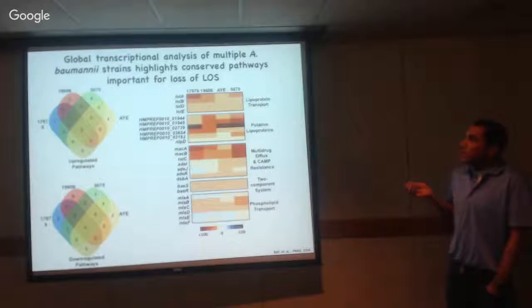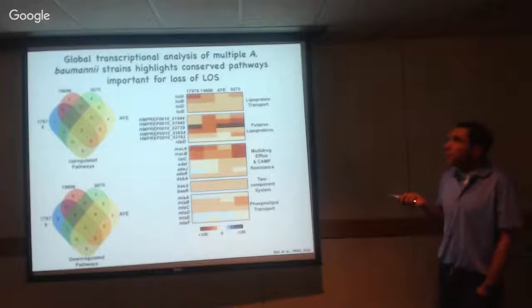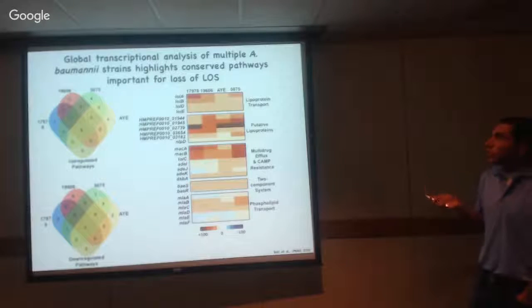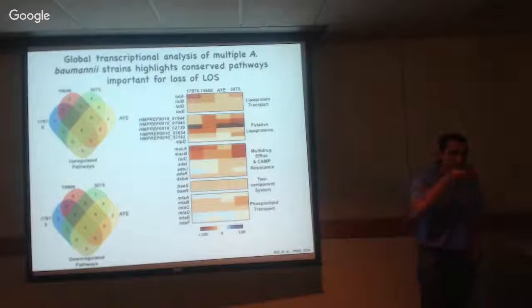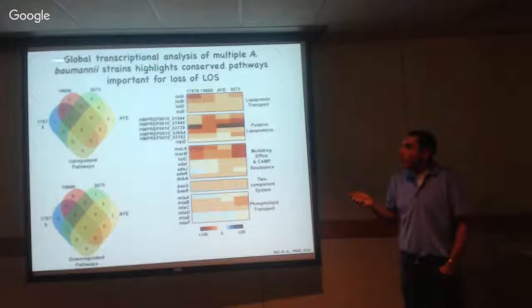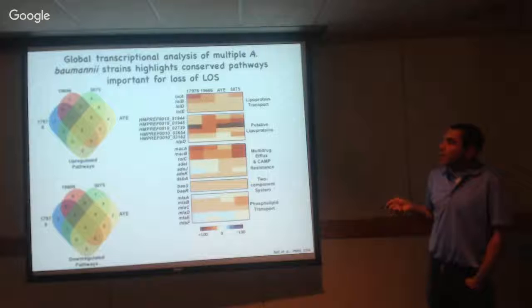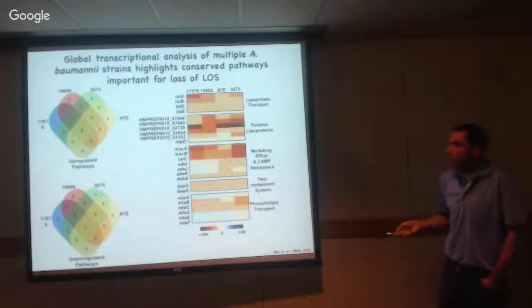And so we wanted to take a look at the global transcriptome of multiple Acinetobacter strains. What we did was we took these 4 strains, these are clinical isolates, A. baumannii isolates, and we made all of these LOS deficient, and we just did whole transcriptome sequencing, compared the genes back to the wild type, and looked for upregulated and downregulated pathways.